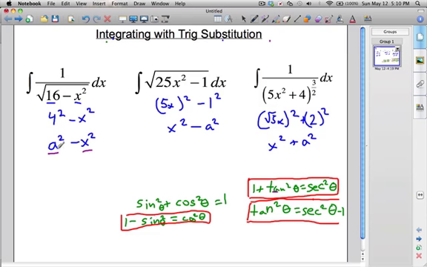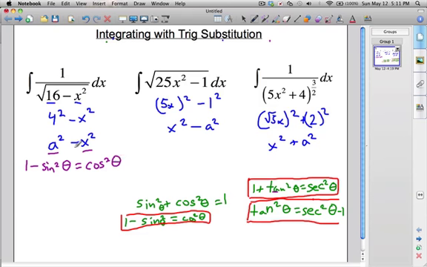We can change this to look more like 1 minus sine squared, and then it will become cosine squared. And then because of the square root, the cosine squared will cancel, and we'll have a nice little trig function inside of here that we'll be able to integrate. So for this one, we'll use the identity 1 minus sine squared theta equals cosine squared theta.